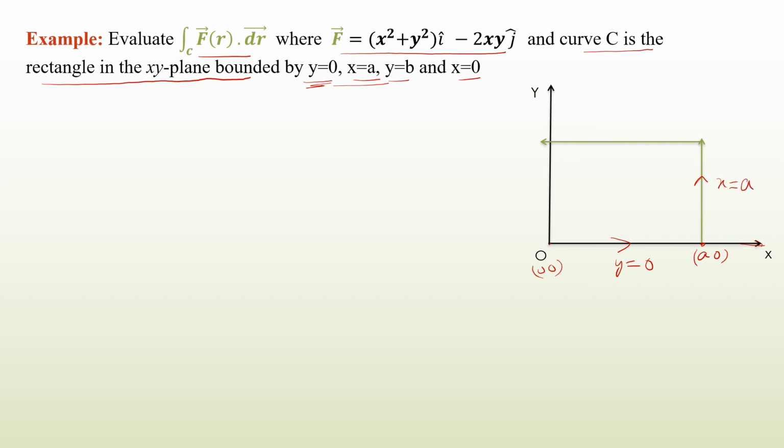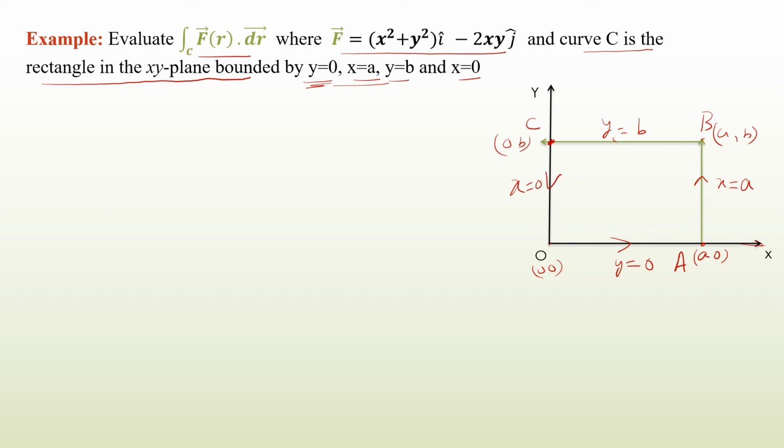And the line y equal to b, suppose this is the point 0 b, and the intersecting point we get is the point B. We name these points O, capital A, capital B, and capital C. And the line x is equal to 0.